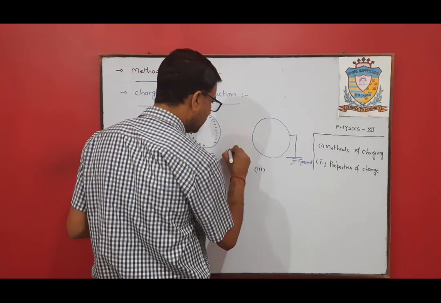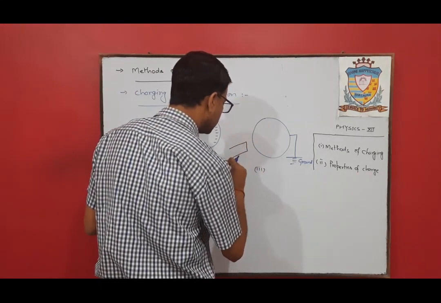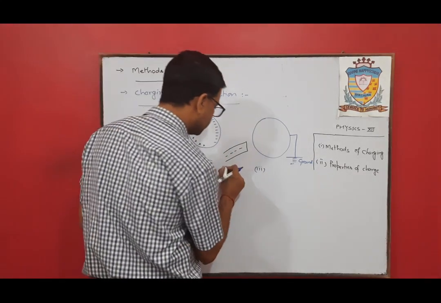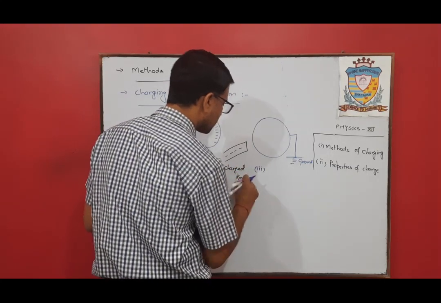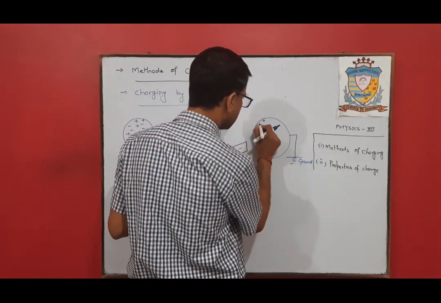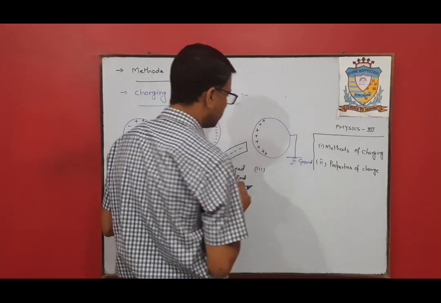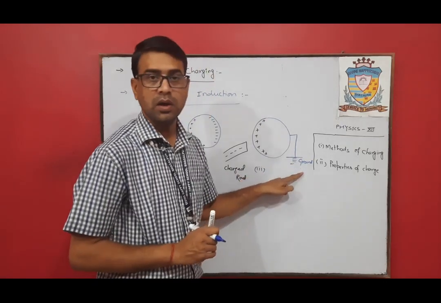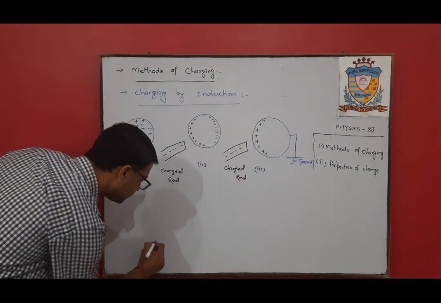Okay, and here we have the charged rod, that is, a negatively charged rod. So all the positive charge appears here and all the negative charge will move to the ground. Clear?